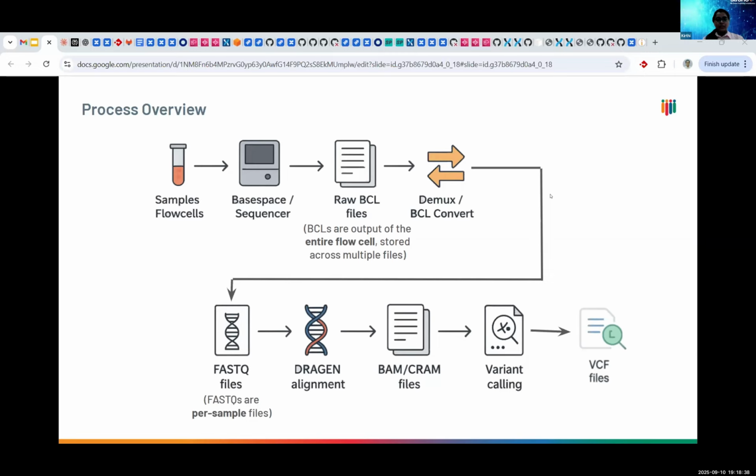This runs demux and converts the BCL files into FASTQ files. The FASTQ files are a more universal and organized format. It consolidates all the sequencing runs into a format that can be used by any downstream analysis. Let us note here that the BCL files are outputs of the entire flow cell, stored across multiple files, whereas the FASTQ files are per-sample files, and they basically have two files, read one and read two.